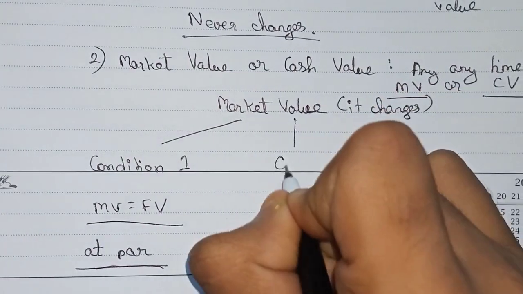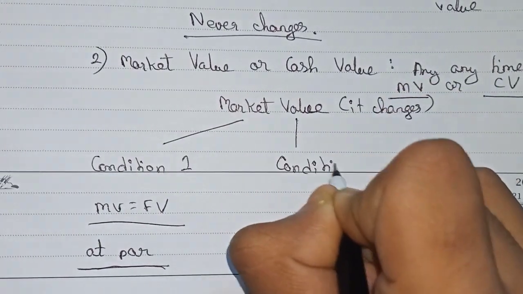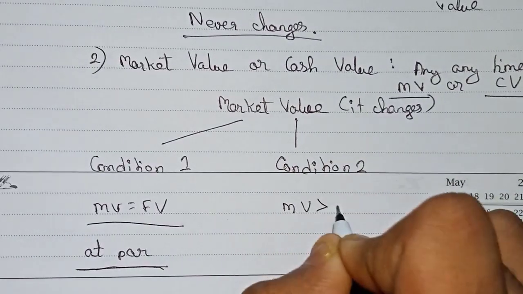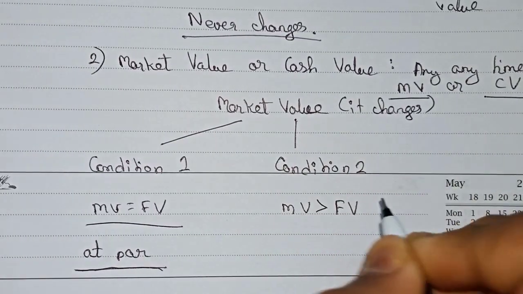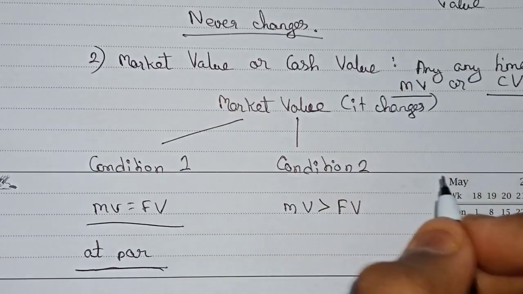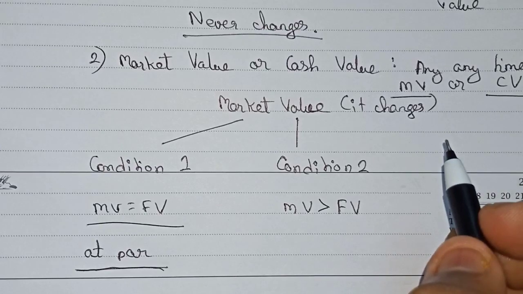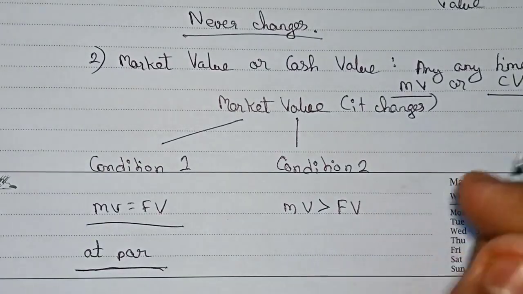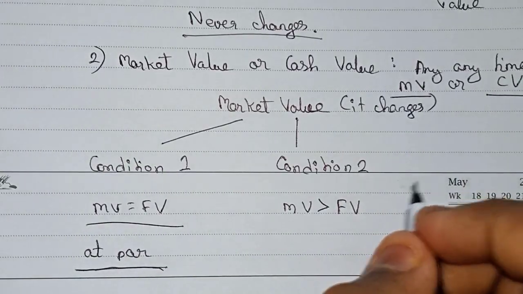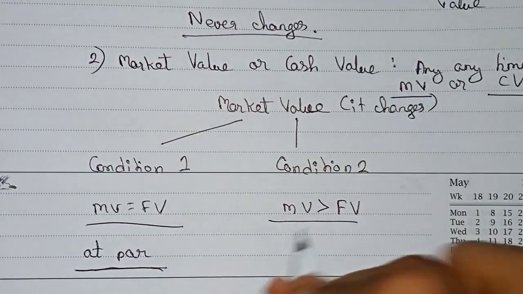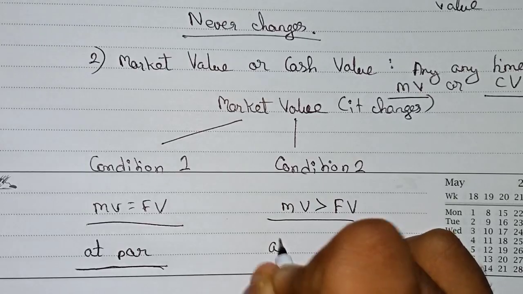Condition number 2: the market value is greater than face value. Here the amount at which the company sells the share is increasing. That means the price of the share in the market is greater than the price that the company has set. In this situation, it will be said at premium.